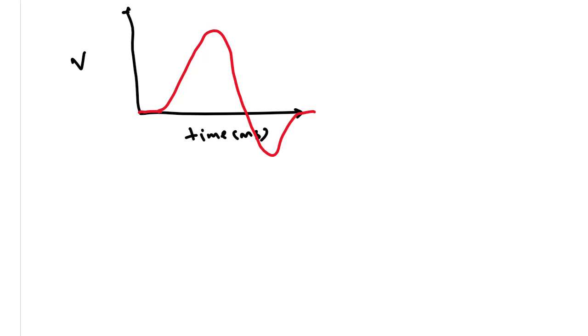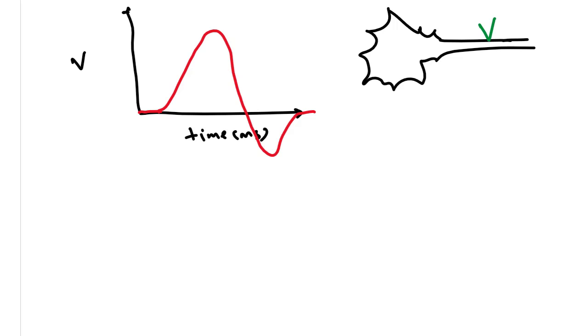But we said that, here's my neuron, and we have the axon going out, and we are simply sticking a voltage meter in here, and we are measuring the change in potential of that patch of membrane.